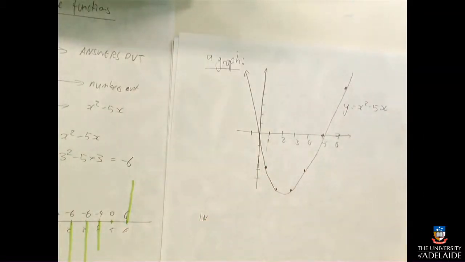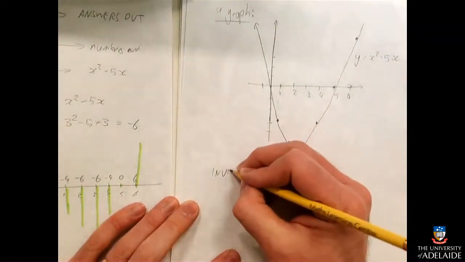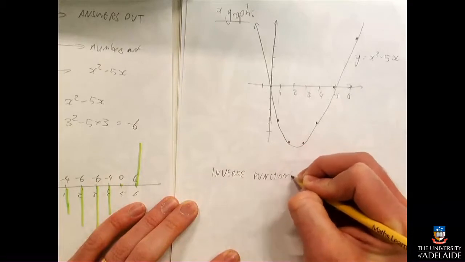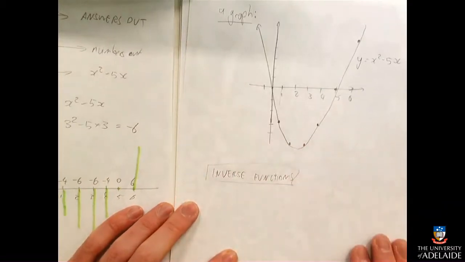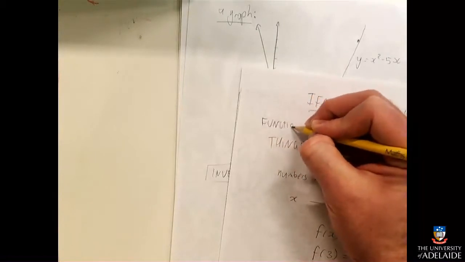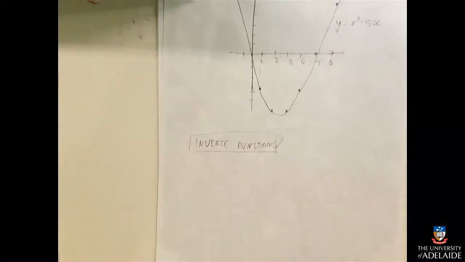Okay, cool. So now let me actually talk about inverse functions. Back here I might stick a heading, functions. Okay, so inverse functions are, well, doing the same job but backwards.